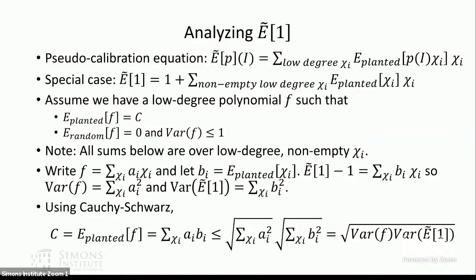Here, P is just one, so that's why this vanishes. And then when chi is the empty set, chi itself is also just one, so that's why we just have the one term there. Okay, yeah, cool. Yes, thanks. No problem.